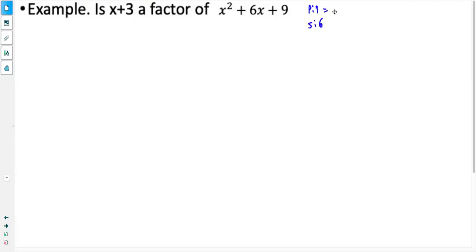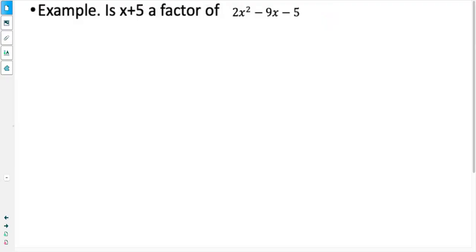So two numbers that multiply to 9 and add to 6 would be 3 and 3. So this would be x plus 3 times x plus 3, which can be simplified to x plus 3 squared. Now we can see it is a factor because we've got x plus 3 here, which matches x plus 3.